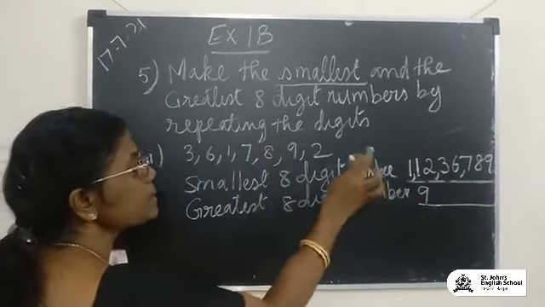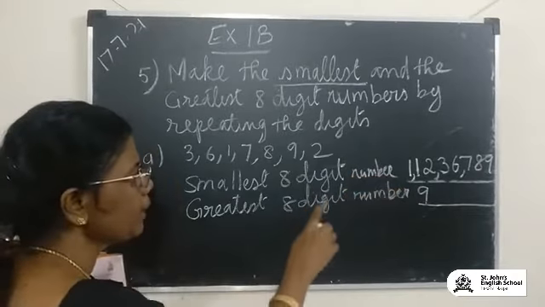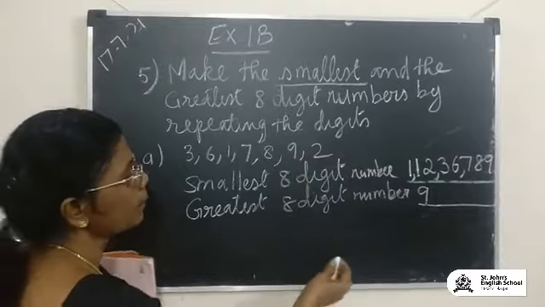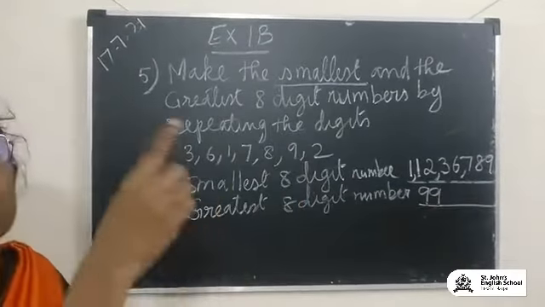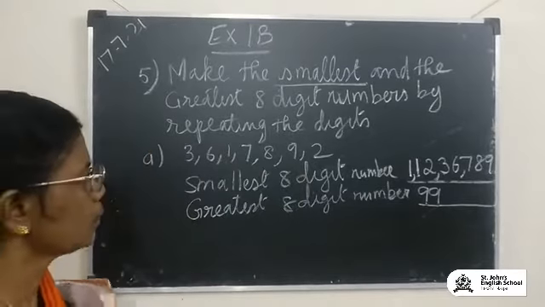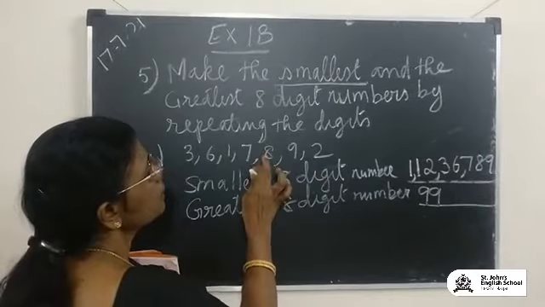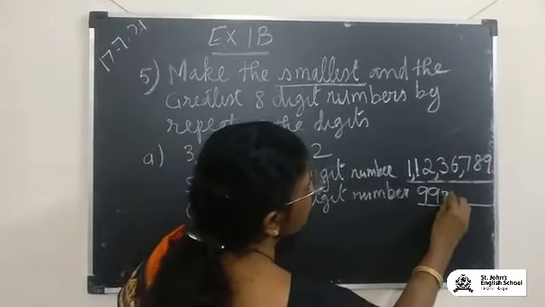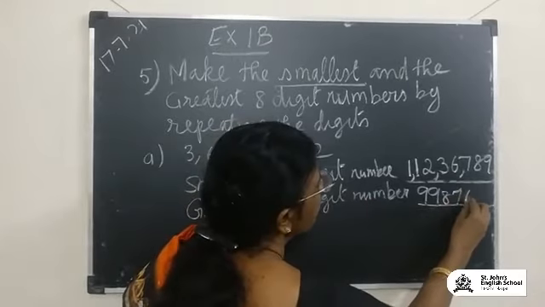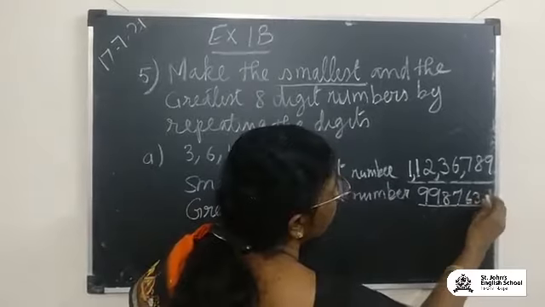You repeated the smallest number one more time before, but now we have to repeat the greatest number one more time. So 9 is the greatest number out of all of these, so repeat the 9 two times: 9, 9. Now we write from the big number to the small number, which is the descending order: 8, 7, 6, 3, 2 and 1.